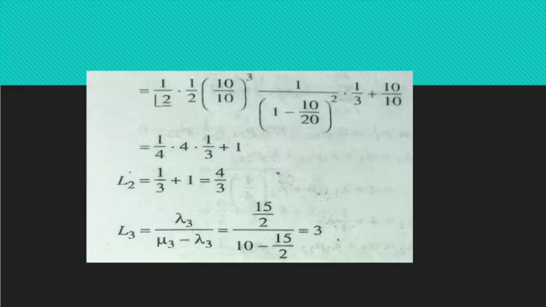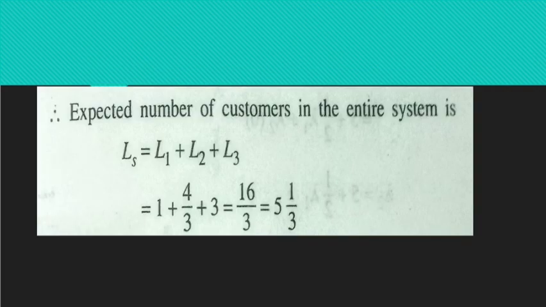So this is our general formula. If you substitute, the value will be L2 is 4 by 3. And for L3, again at facility 3, it is a single server model. Therefore we can get L3 as 3. So if we add these 3, we will get LS, that is equal to 16 by 3.